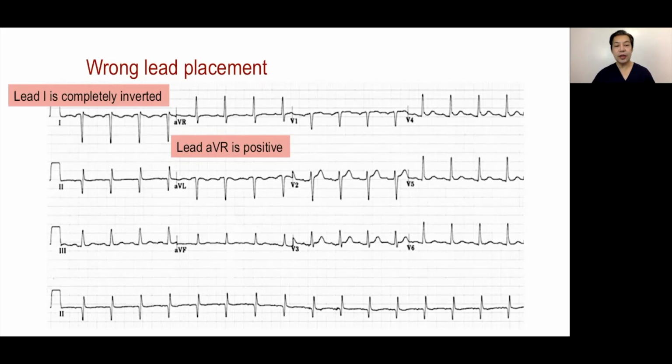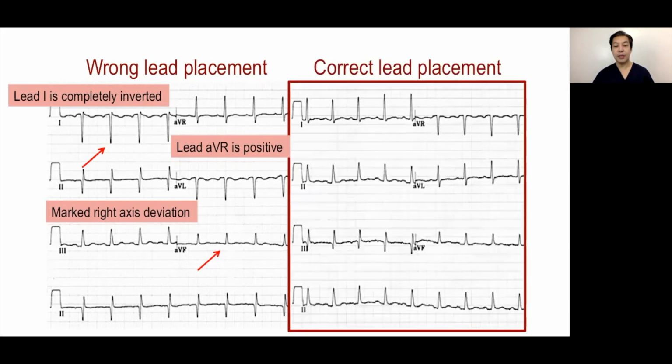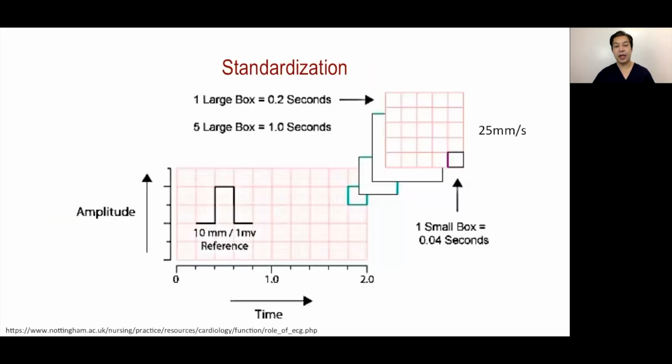So that configuration would actually change the axis to mark right axis deviation, with lead 1 being negative and lead 2, lead AVF and lead 3 becoming positive. And this is how the correct lead placement and the wrong lead placement would actually be recorded in the ECG. So again, it is important to make sure that the leads are placed correctly.